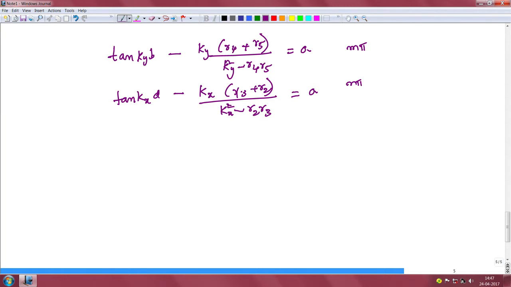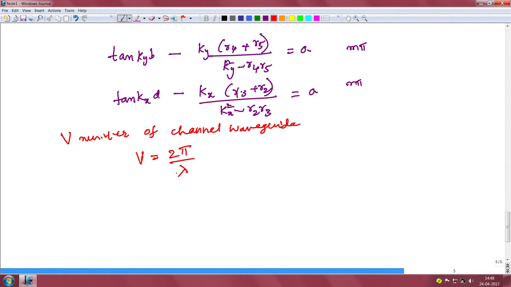So, like the way we did for the slab waveguide, we can define the V numbers of the channel waveguide and express it in terms of the width and depth parameters. The V number of channel waveguide can be defined in several ways, but the most common way of using the V number is in terms of the width.